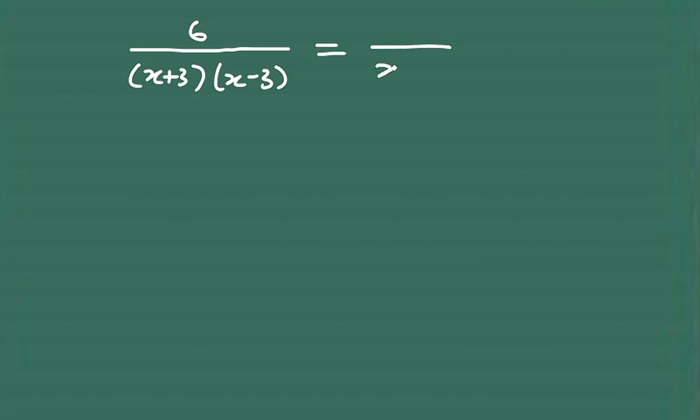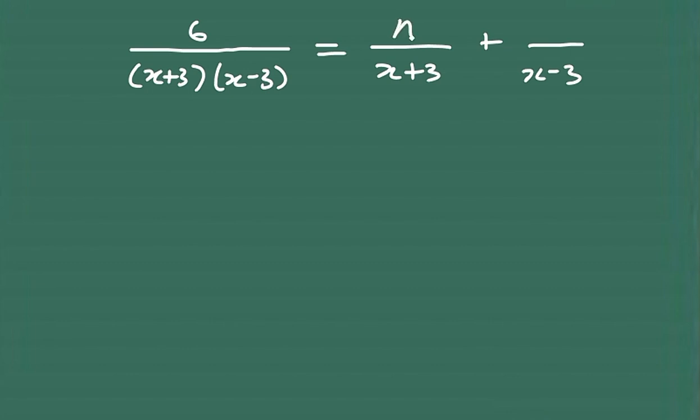So we have 6 all over x plus 3 times x minus 3. We are to split up, or decompose, this fraction. First we express this fraction as A over x plus 3 plus B over x minus 3.